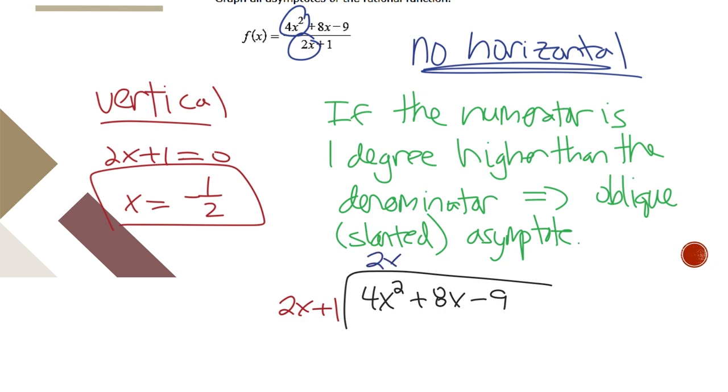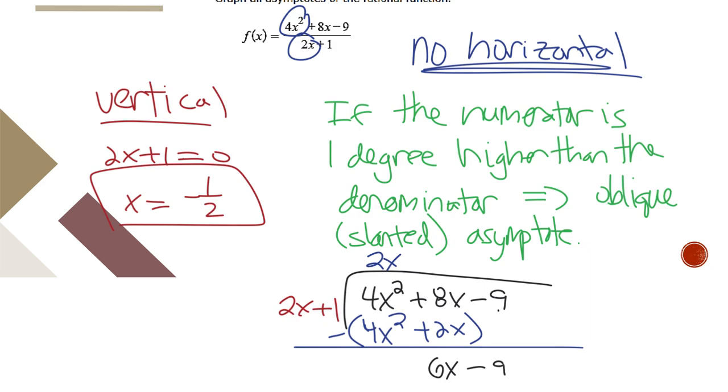There are two x's that go into 4x squared, so this becomes 2x, and when we do our long division, that's 4x squared plus 2x. Remember, we subtract those, and we get 6x minus 9 after we drop that. How many 2x's are inside of the 6x? Well, that is plus 3 of them.